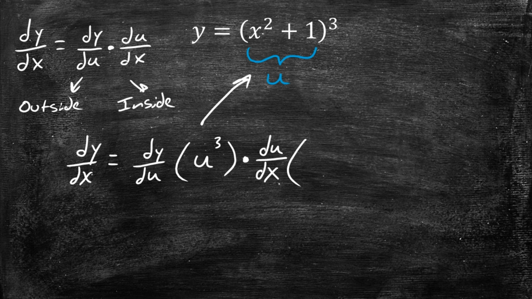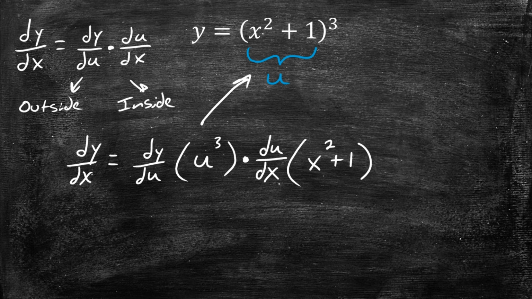So the derivative of our u, what we let u equal to, but with respect to x. So that's x squared plus 1. All right. So this portion here is the outside function, and then the second portion is the inside function.